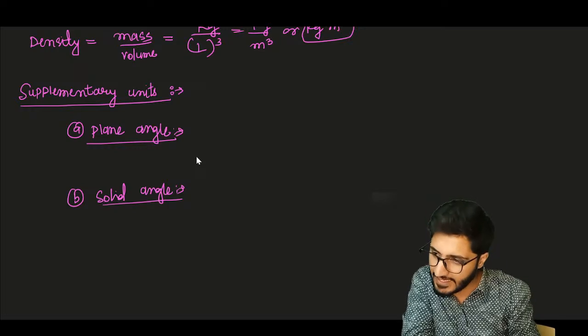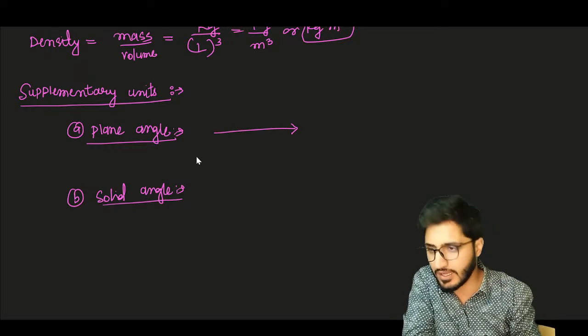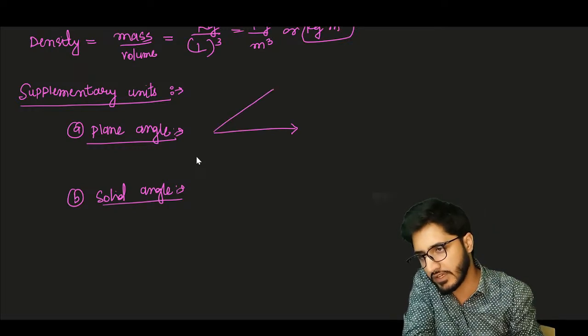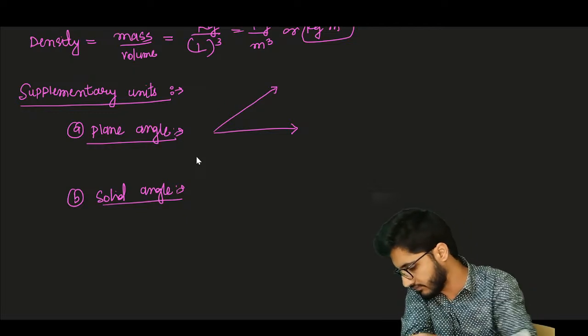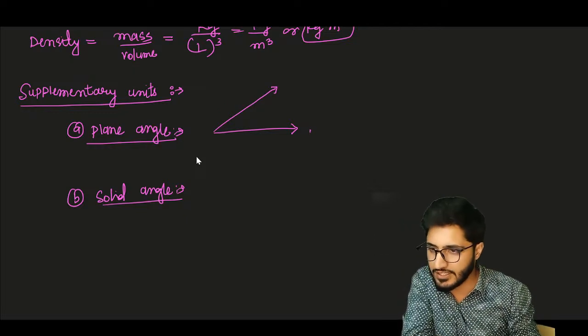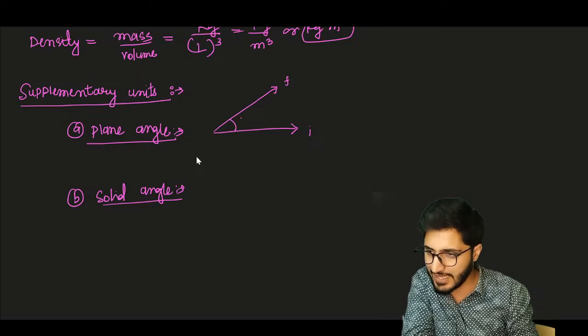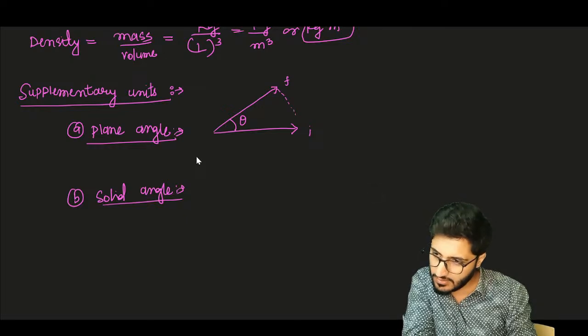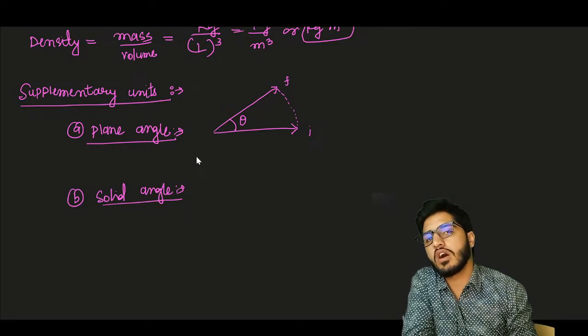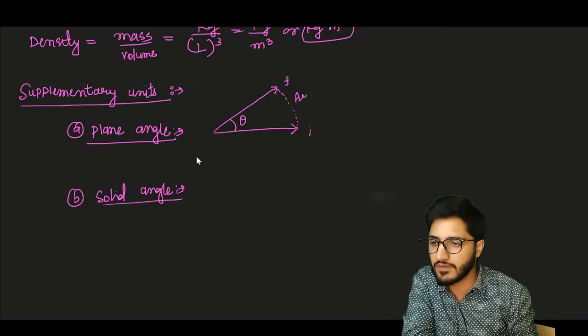So if we are having a line like this and we revolve it like this, initial, this one is final. This sort of thing is known as angle, and the distance traveled by the tip of this line is known as arc length.